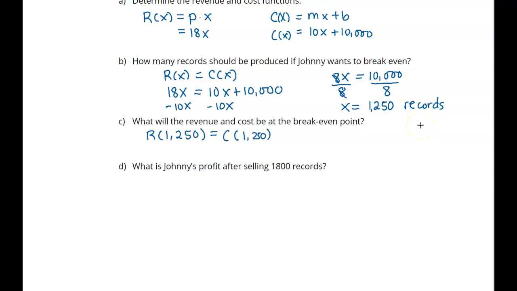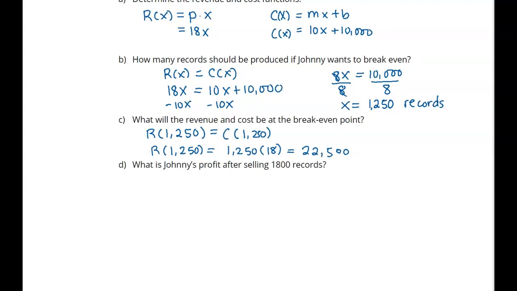And so just solving for R, because R seems to be easier. So R of 1,250 is equal to 1,250 times 18, or 18 times 1,250. And that is equal to 22,500.